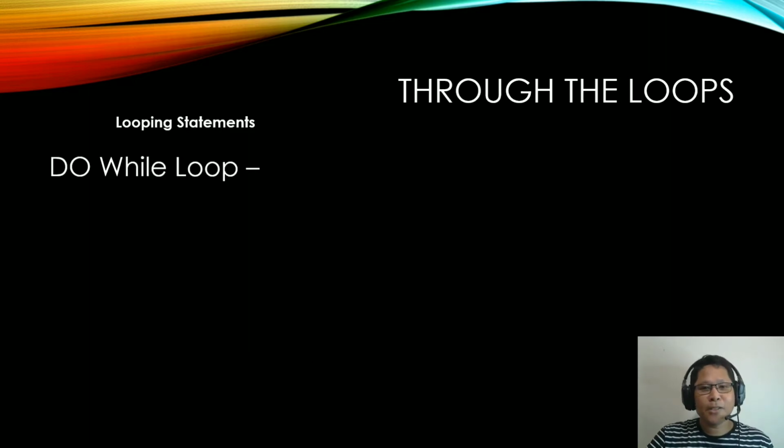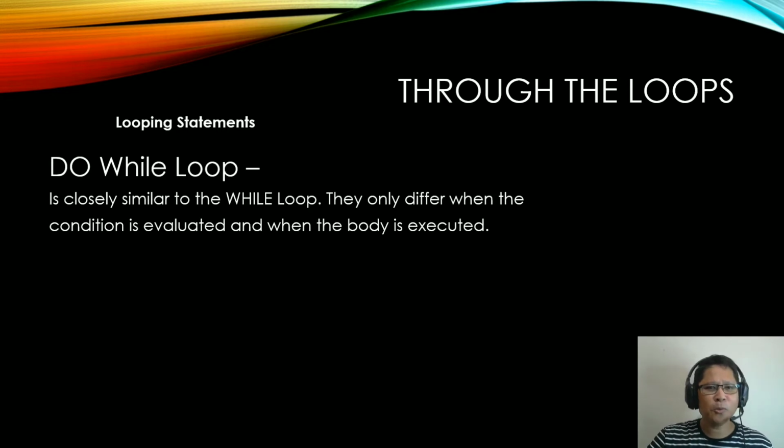So now let's go to the do while loop. A do while loop is closely similar to a while loop. They only differ in when the condition is evaluated and when the body is executed. In a do while loop, the loop execution is also terminated on the basis of the test condition.